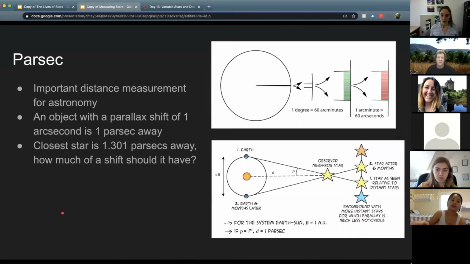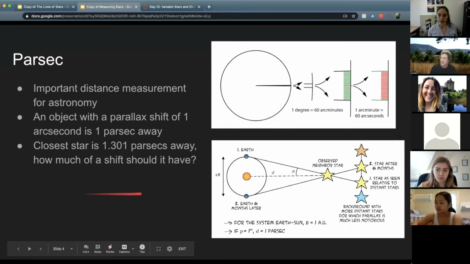So just as a quick reminder about an arc second: if we measure angles, there are 360 degrees in a circle. There are 60 arc minutes in 1 degree, so if we split up our degree into 60 bits, you would get 60 arc minutes.